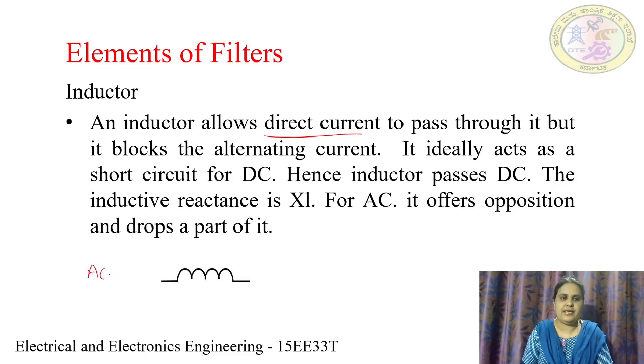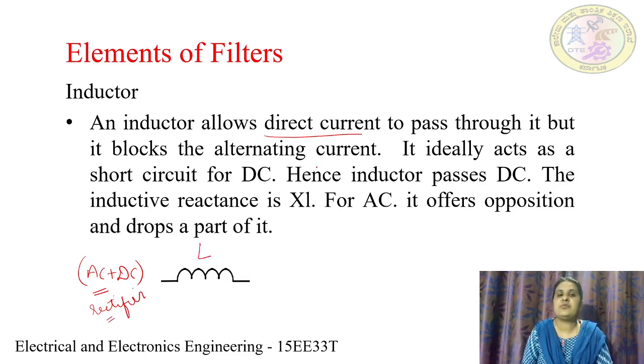If I apply an AC plus DC type of output to this, from where is this output coming? Usually the AC component plus DC component is always present in the rectifier output itself. So in this AC plus DC component, if I am applying it to the inductor L, what is the function of the inductor?